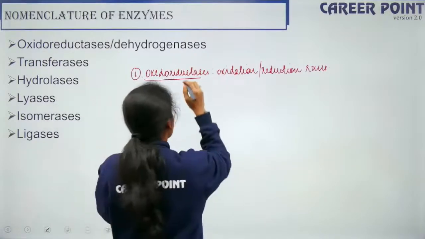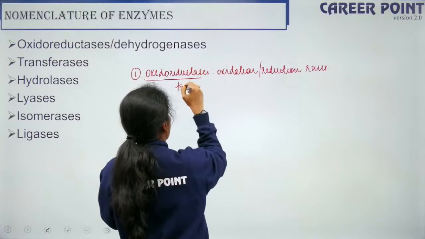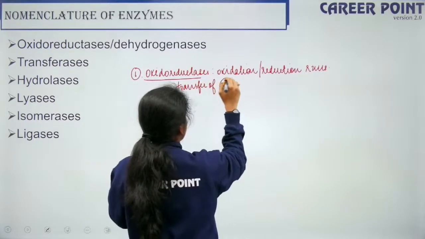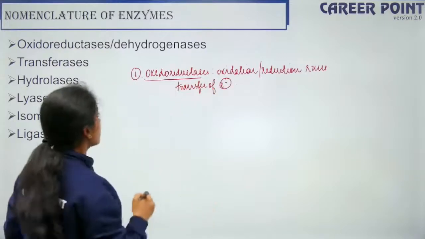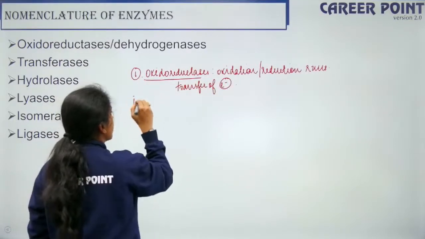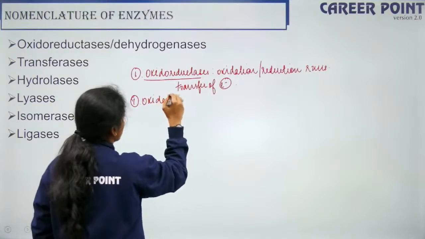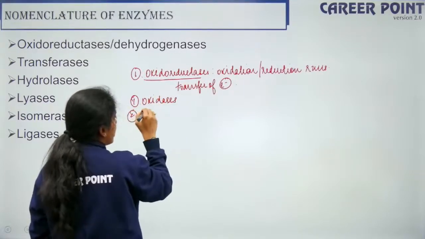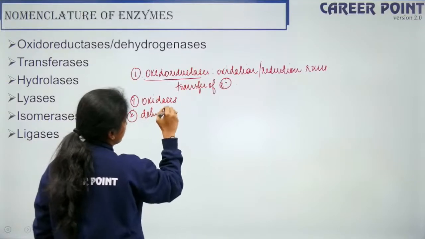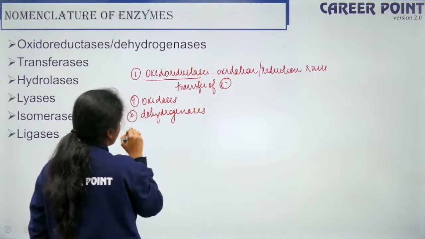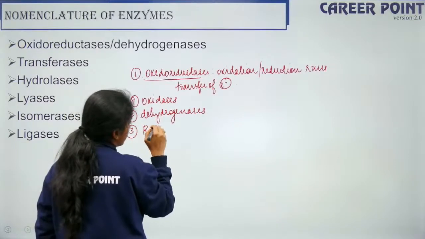So they catalyze the transfer of electrons, right? There are 3 types of oxidoreductases. First is oxidases, then you have dehydrogenases, and number 3 you have reductases.